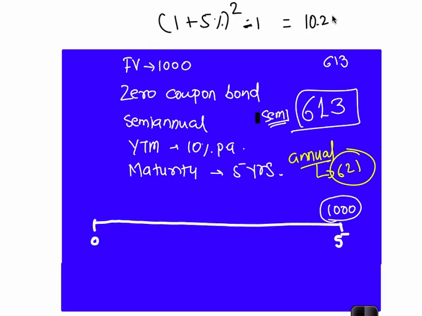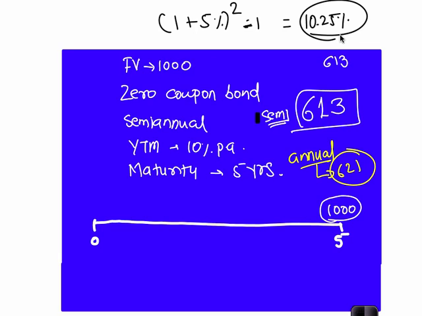This would be 10.25% per annum. Do this on your calculator: 1.05 squared minus 1. 1.1025. So that's 10.25%.